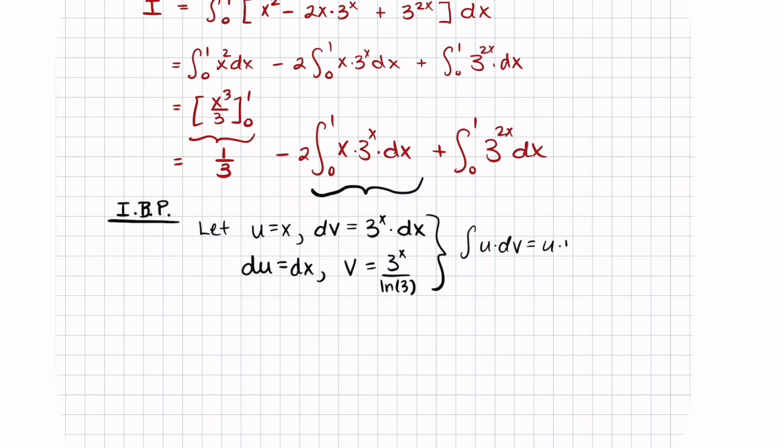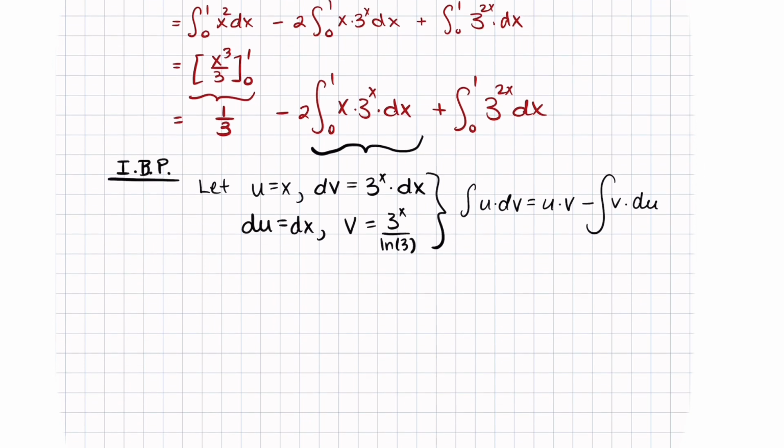And the integration by parts formula is uv minus the integral of v du. Okay, so writing things out, u times v would be x times 3 to the x over log 3, minus the integral of v du, the integral of 3 to the x over log 3 dx.